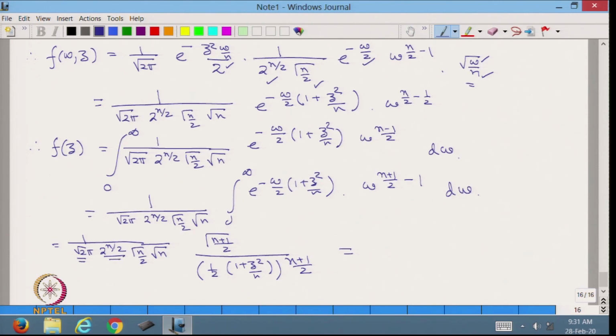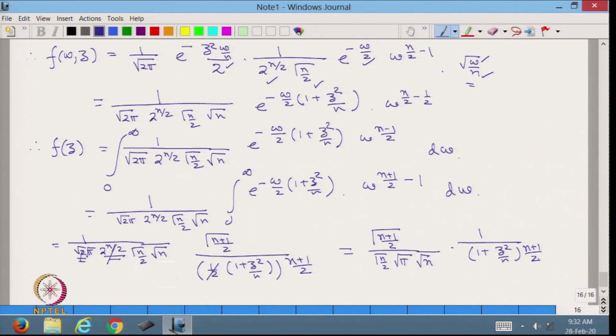So, together it is 2 to the power n plus 1 by 2, and here it is half to the power n plus 1 by 2. So, these cancel. Therefore, we can see that it is coming out to be gamma n plus 1 by 2 upon gamma n by 2 and root over pi into root over n into 1 upon 1 plus z square by n whole to the power n plus 1 by 2.